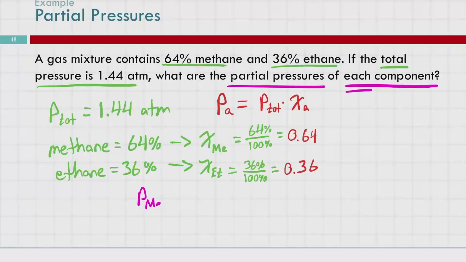So partial pressure of methane, partial pressure of ethane. The total pressure is 1.44 atmospheres. That's for both of them. And their fractional compositions are 0.64, 0.36 respectively.